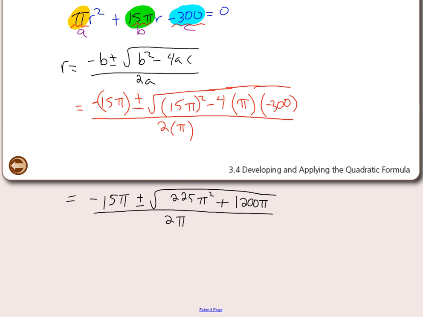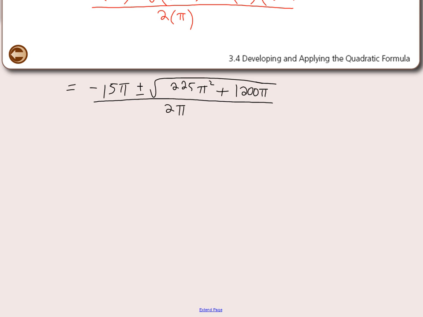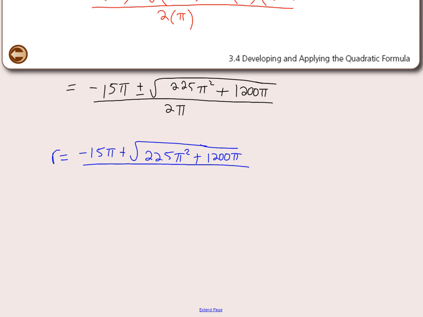So now we just break it off into the two parts. r is either equal to negative 15 pi plus the square root of 225 pi squared plus 1200 pi over 2 pi, which we'll punch into our calculator right away. Or r is equal to negative 15 pi minus the square root of 225 pi squared plus 1200 pi over 2 pi.